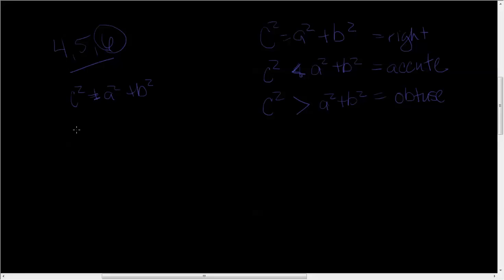So we're going to say 6 squared equals 4 squared plus 5 squared. 6 squared is 36, and 16 plus 25. I keep writing equal, but we really don't know if it's equal. That's just habit. 16 and 25 is 41. So 36 is actually less than a squared plus b squared. So it is an acute triangle.